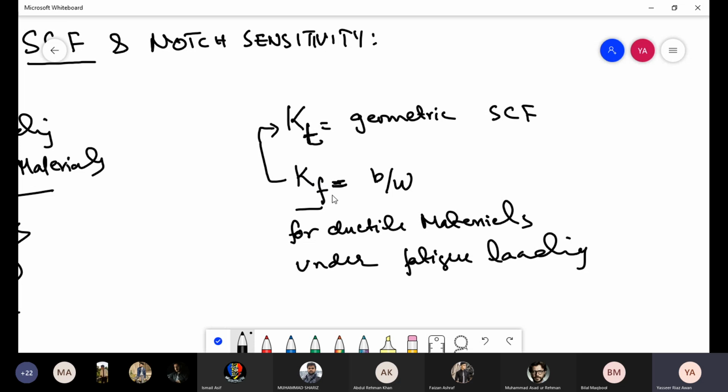So the fatigue stress concentration for ductile materials under fatigue loading is between 1, for static loading, and KT. Okay. So it is somewhere between this geometric stress concentration factor, which is irrespective of material and only considers geometry, and the one that is obviously for ductile material under static loading.